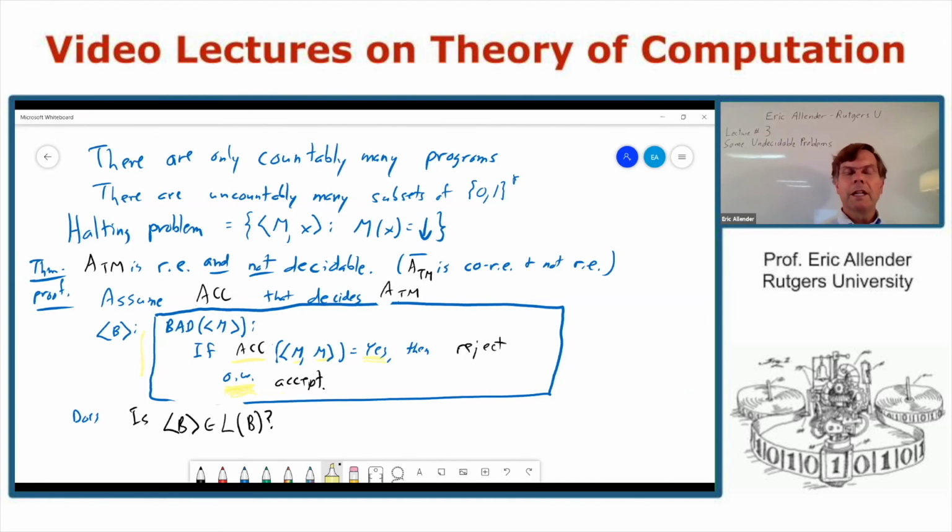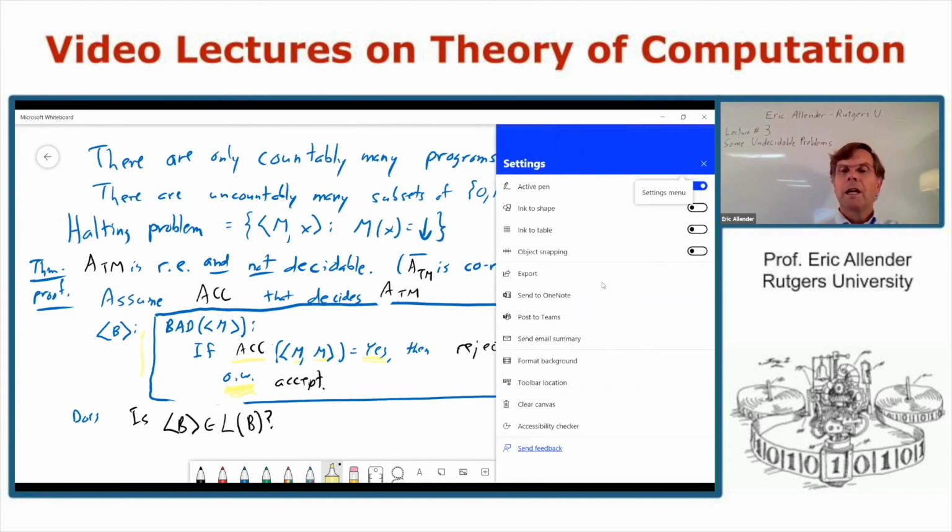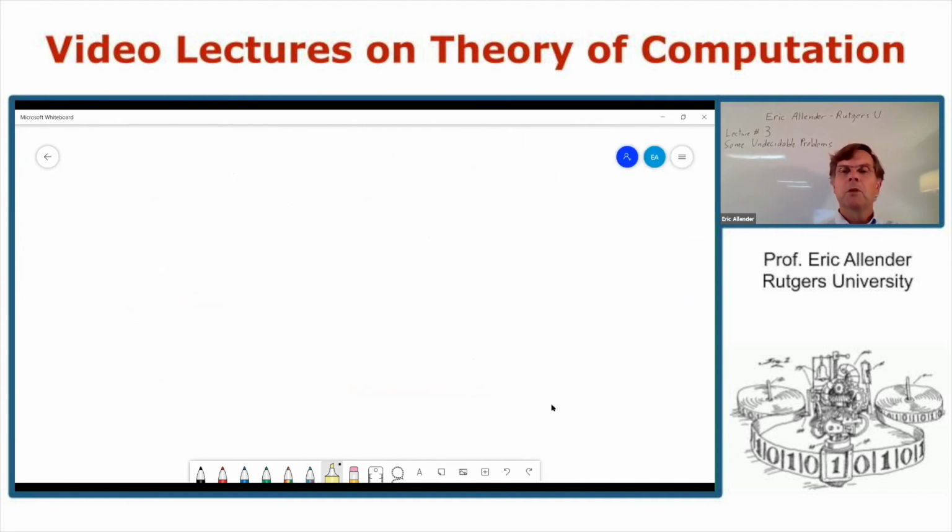So there you have it. Yet another example of something that is Turing acceptable and not decidable. So remember this handy dandy diagram where we have the computably enumerable sets and the co-computably enumerable sets.